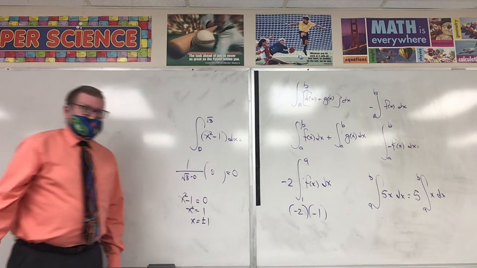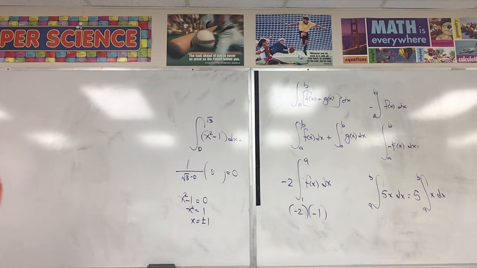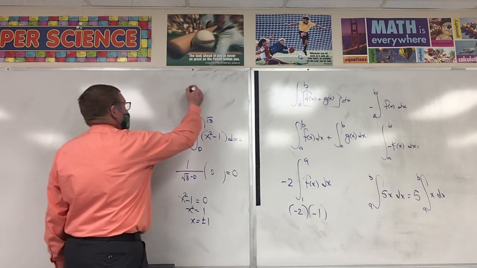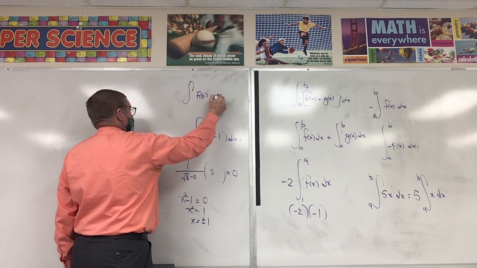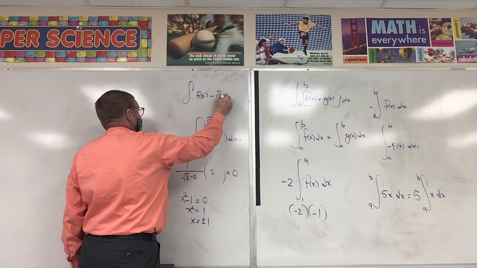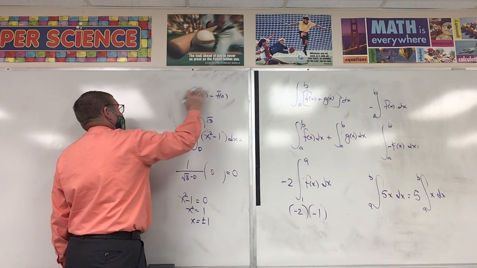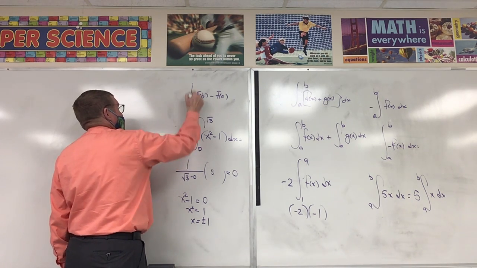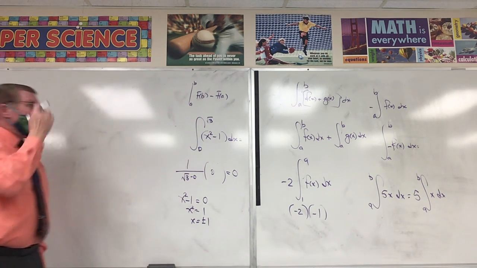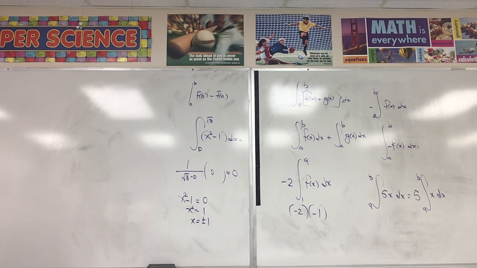This is the derivative, and my integral is always going to be f of b minus f of a. I'll change this here, a to b. So basically we want to find the antiderivative.